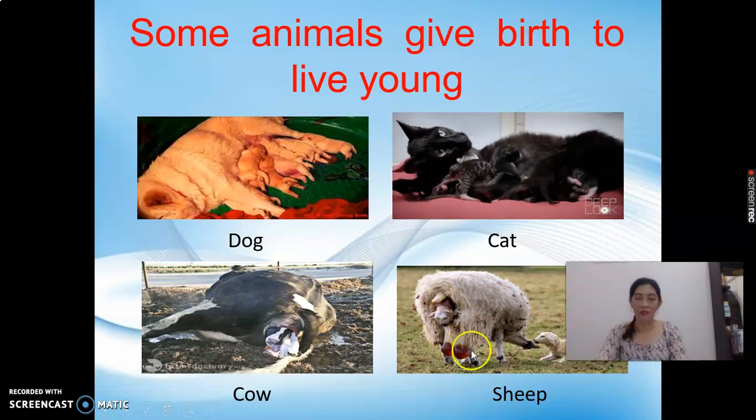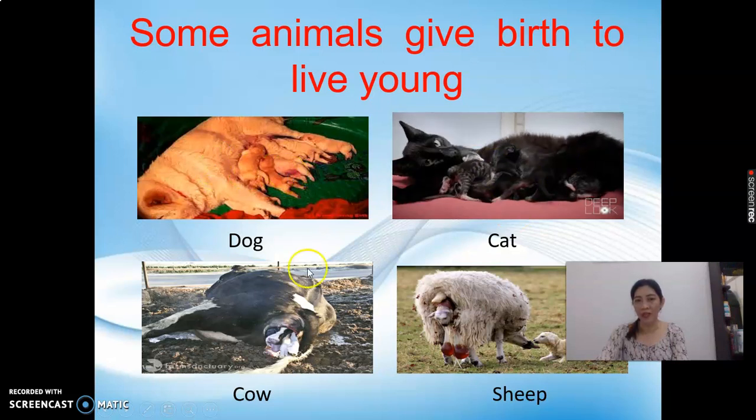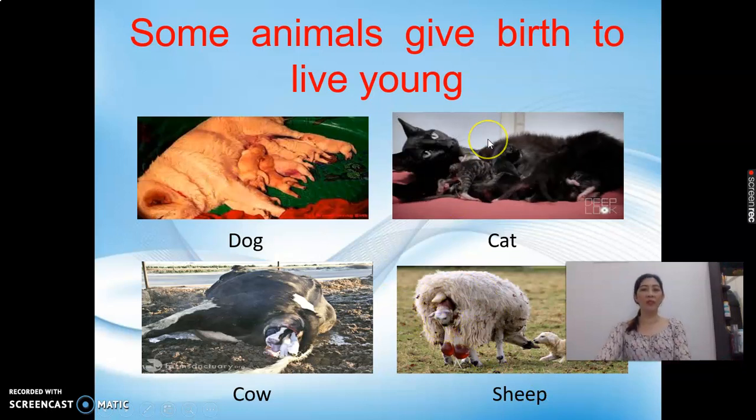Means this is not egg. They give birth, the same. Again, dog, cat, cow, and sheep. Those are the examples of animals that give birth to live young.